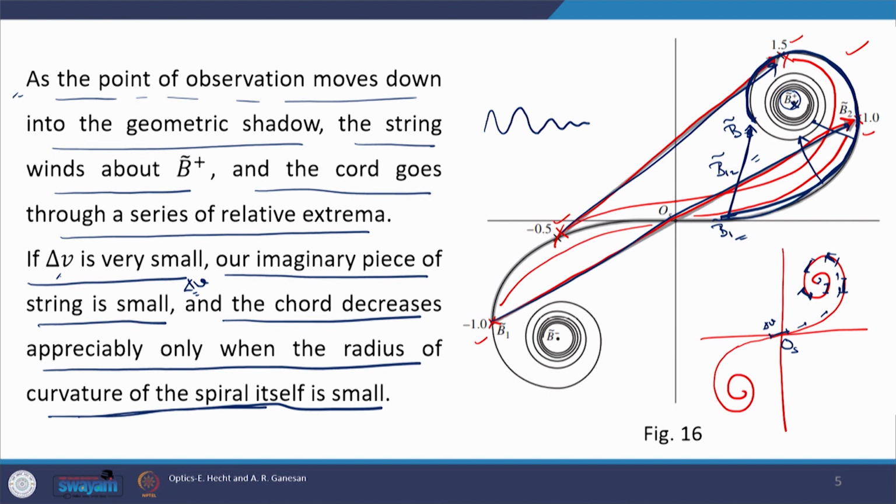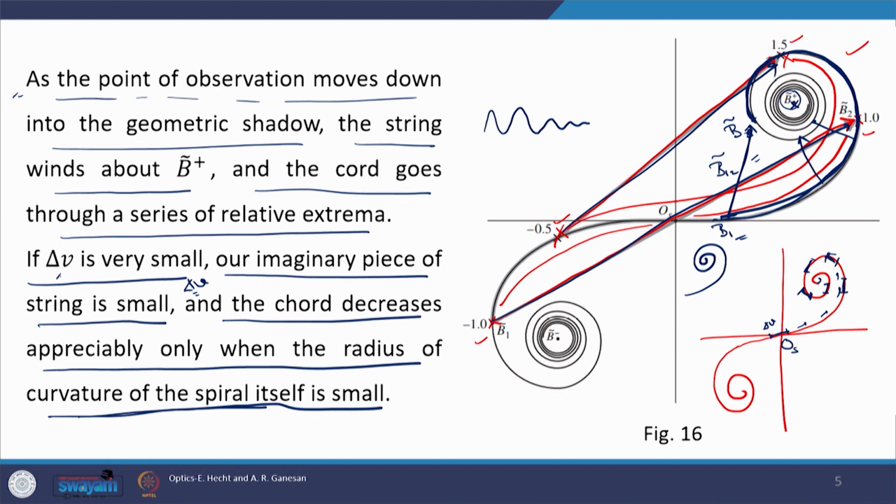The length almost remains constant, therefore, irradiance would also be almost constant. And if we want to observe any reduction in the irradiance, then this Cornu spiral should be very small. If it is quickly winding up with a very small radius of curvature, then only we will be able to see some appreciable change in the irradiance.